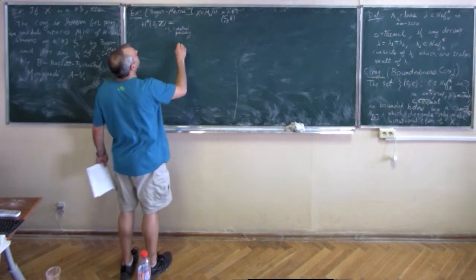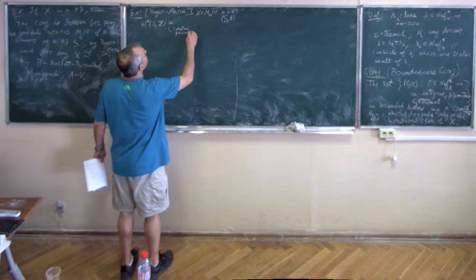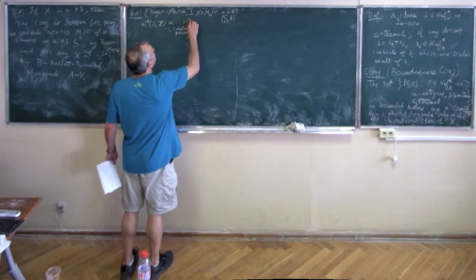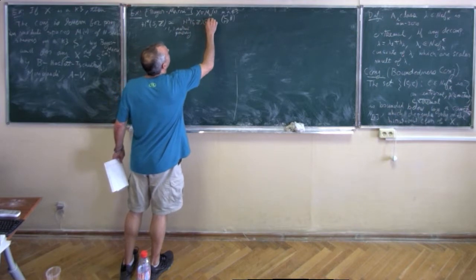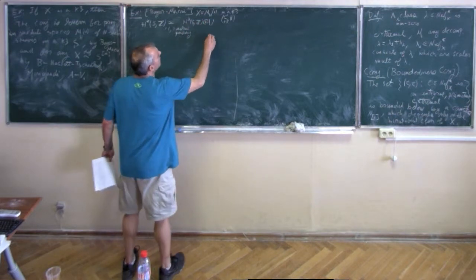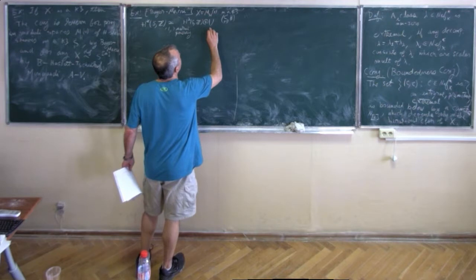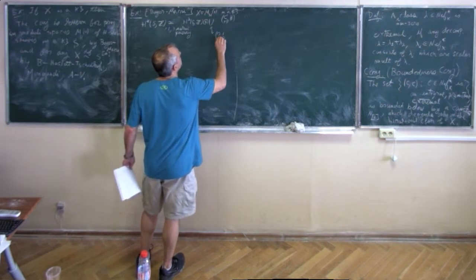I don't want to get into its definition, but it's the intersection pairing on S plus the rank 2 unimodular hyperbolic lattice, with this intersection matrix.